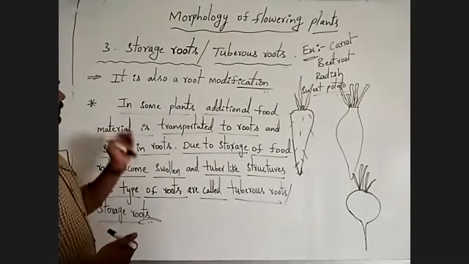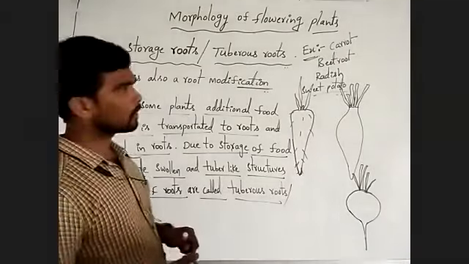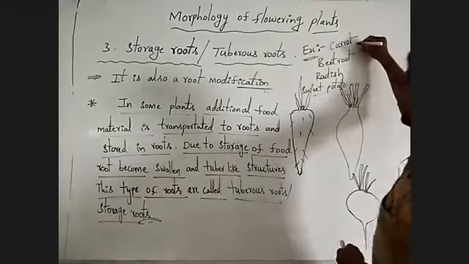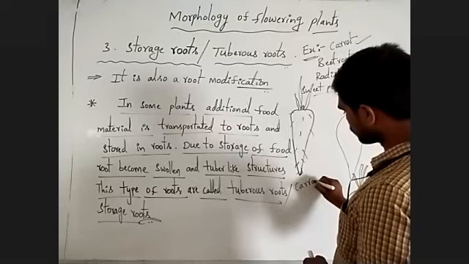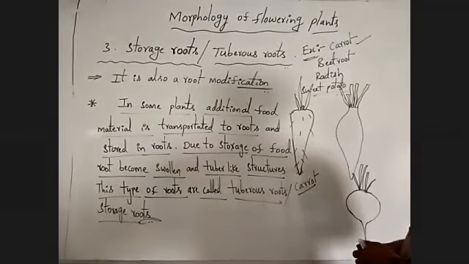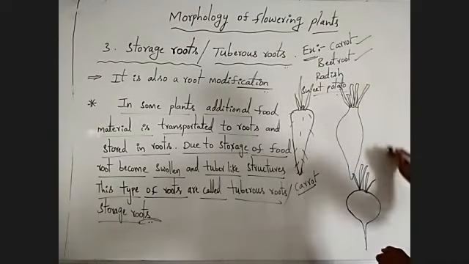Understanding? This is also a type of root modification. What are the examples for tuberous roots? Carrot. Observe, this is the carrot. Example for the storage roots or tuberous roots. Next to beetroot.